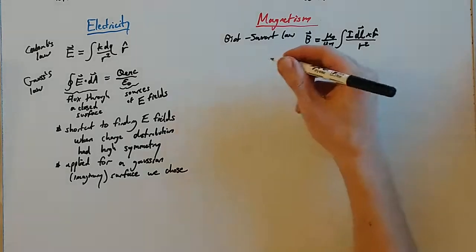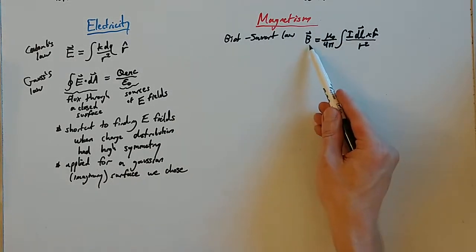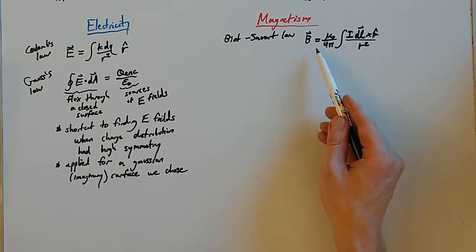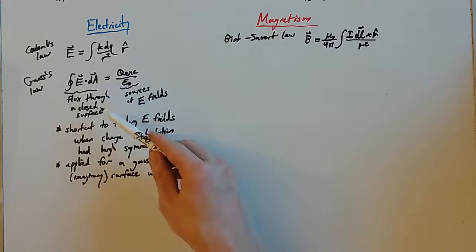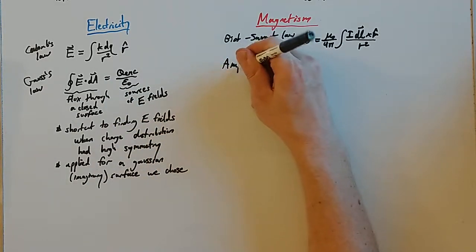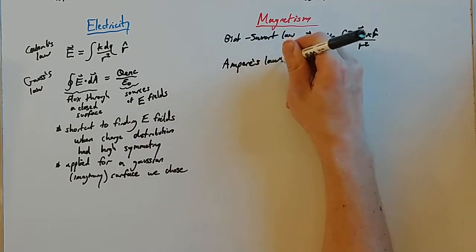And so it turns out there's another way that we can calculate magnetic fields, how much magnetic field you're getting. That is going to be the equivalent of Gauss's law, and that is this thing called Ampere's law. So that's what we're working up to here.